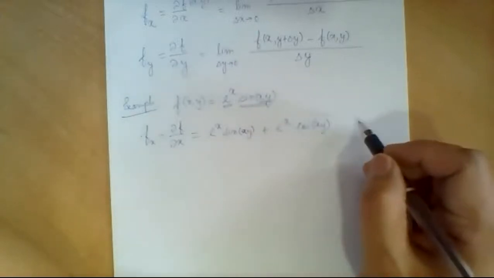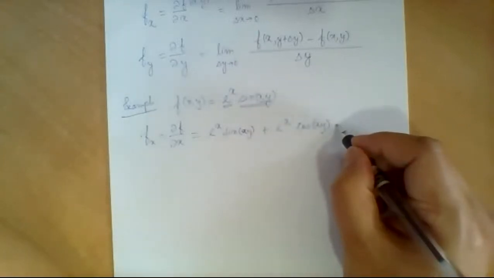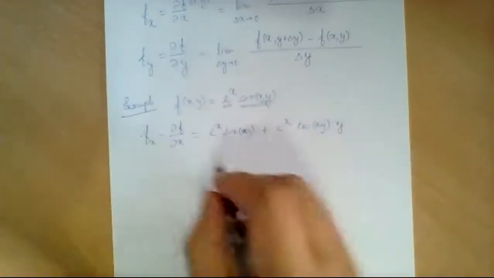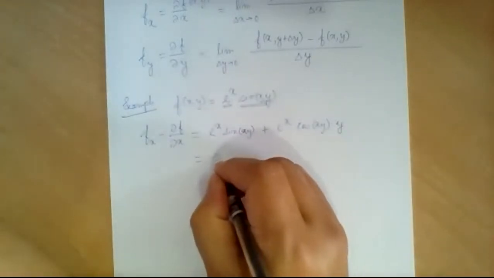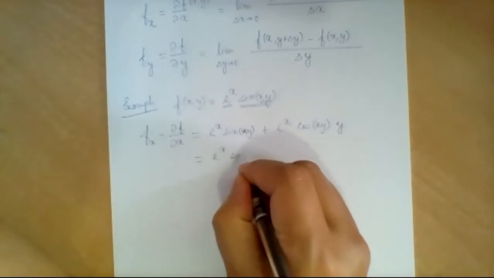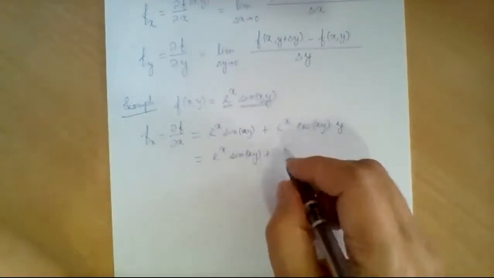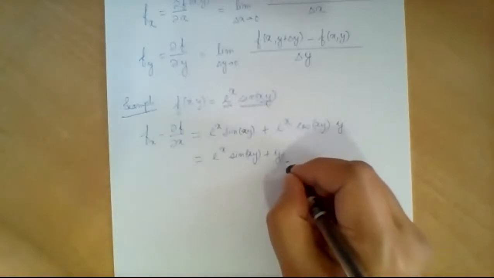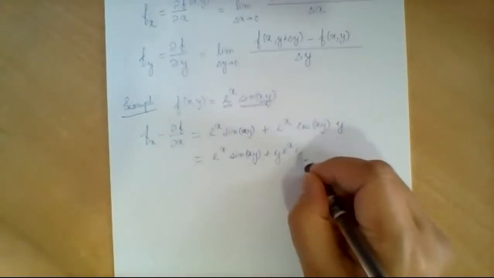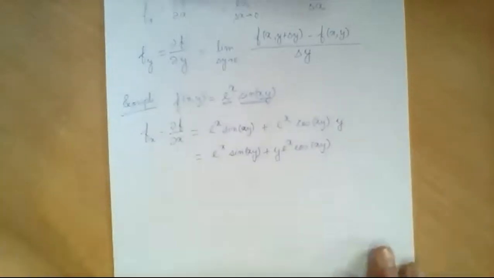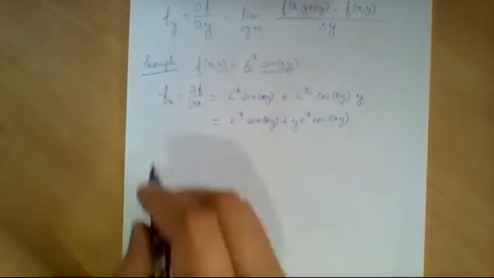Then xy differentiated with respect to x gives y. So this is equal to e to the power x sine xy plus y e to the power x cos xy. This is the partial derivative with respect to x.